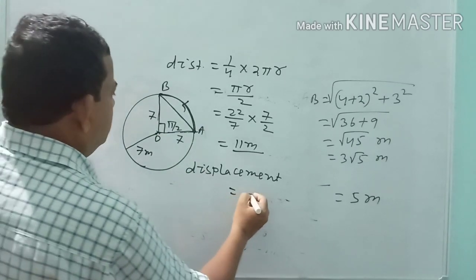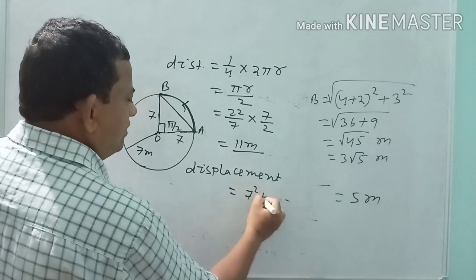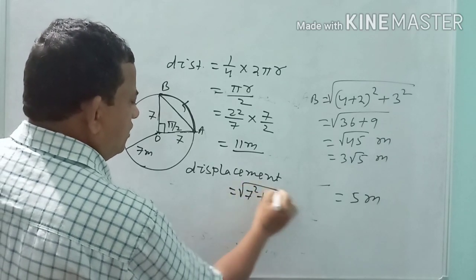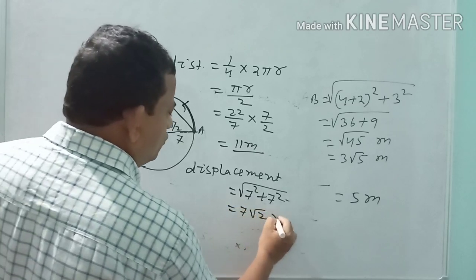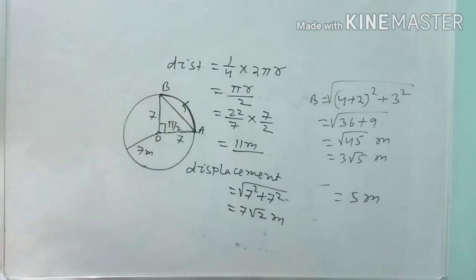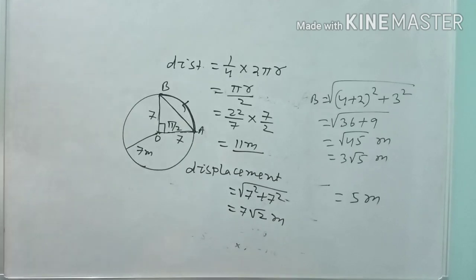You will get 7 square plus 7 square, square root. That will give you 7 into root 2 meter. Okay, I think it is clear how to find out distance and displacement.